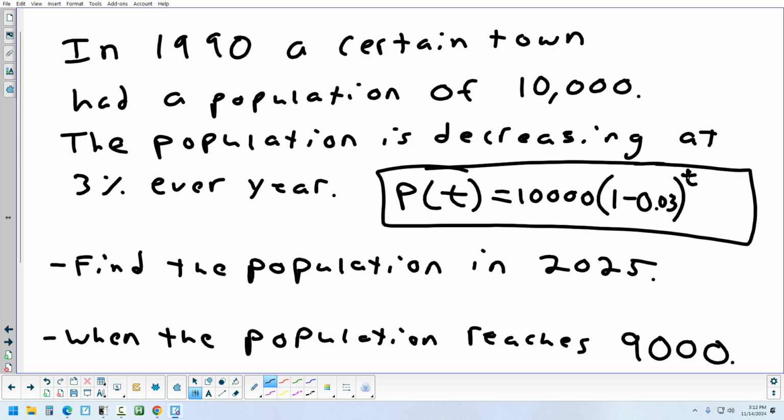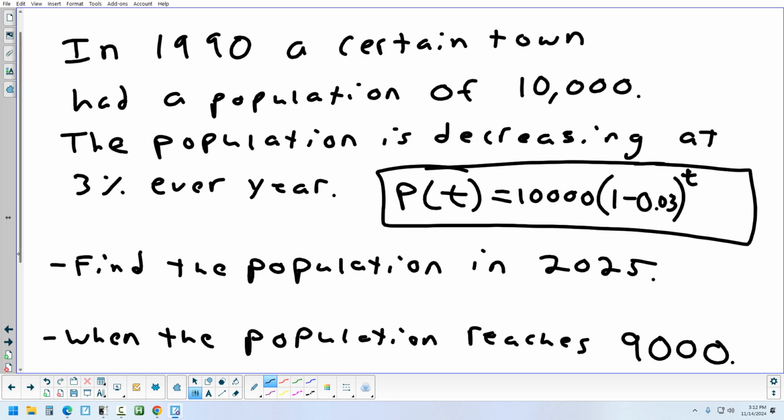You would subtract 1990 from 2025 to figure out how many years have gone by. That's what you plug in for t. So how many years is it to get from 1990 to 2025? 35 years. So that means this population is going to have decreased 3% for 35 years.